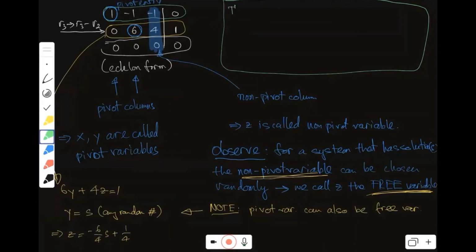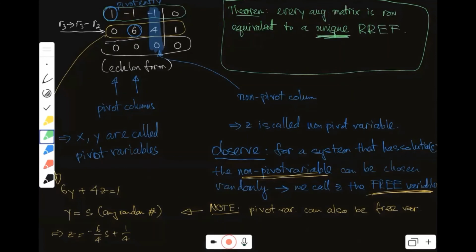But there's a theorem that says every augmented matrix is row equivalent to a unique row reduced echelon form. The nice thing is this is unique. So if you only have the echelon form, it may not be unique. But if you have row reduced echelon form, that is the unique row reduced echelon form for the augmented matrix.